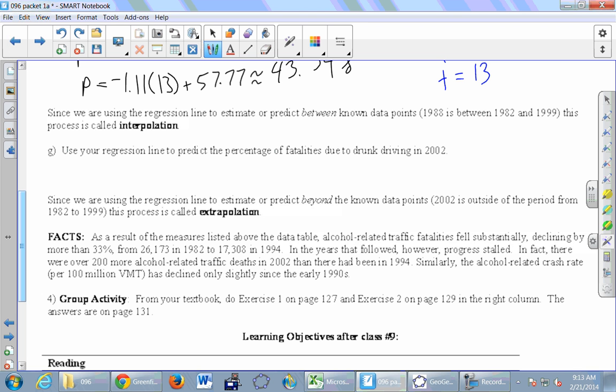Okay, so what are we plugging in for 2002? How much? 22, right? 1980 is our start point. So let's just go ahead and do the same thing, but we're plugging 22 into our equation.